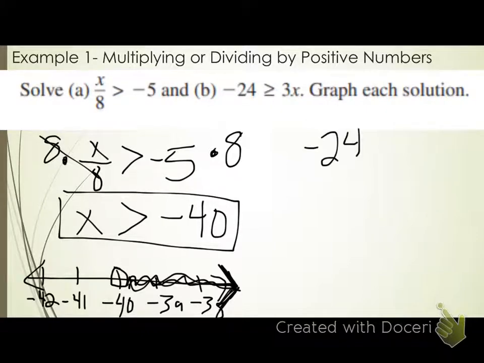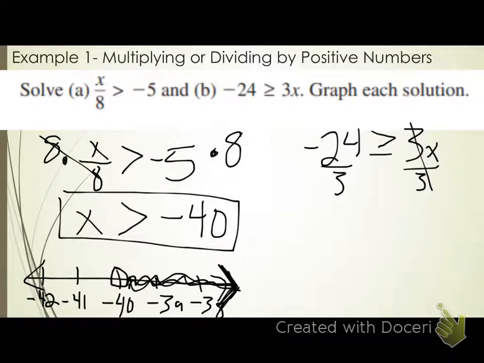Negative 24 is greater than or equal to 3x. Okay, what's with the x here? What's the operation going on between 3 and x? Multiplication. What's the inverse of multiplication? So I'm dividing both sides by 3.